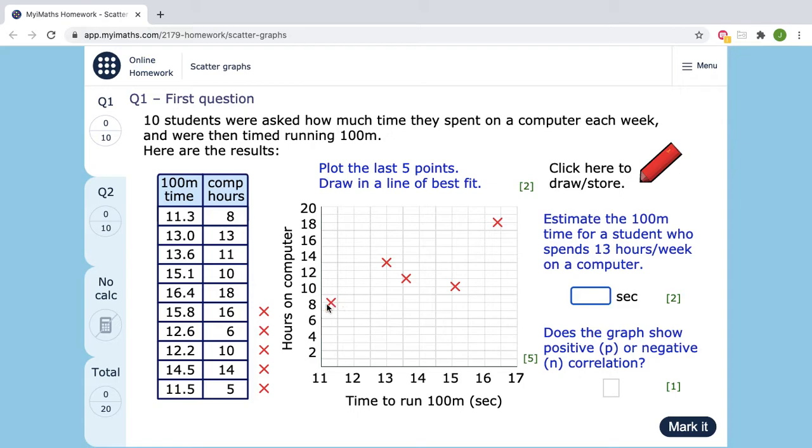Okay, so each of these crosses that's already on the graph represents these pairs of data points. So for individual people, each person is a cross. For example, the first person took 11.3 seconds to run 100 meters, having spent 8 hours on his or her computer.